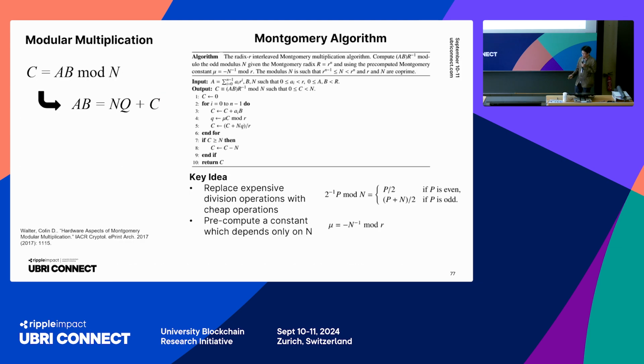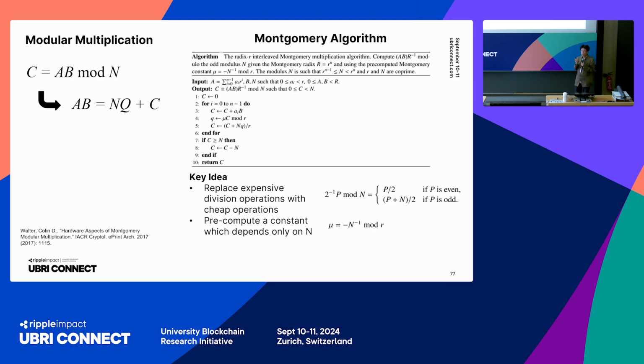When we implement modular multiplication, there are a couple of existing optimization techniques. One of the popular ones is the Montgomery algorithm, shown in this slide. The key idea of this algorithm is that instead of using expensive division operations, we can replace them with cheap operations like addition or just dividing by 2.